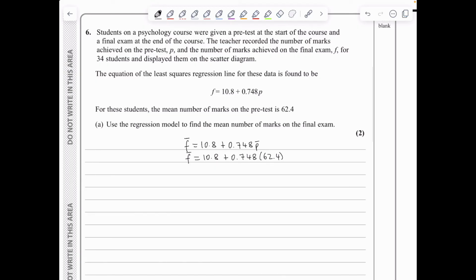So we get that f bar is 57.4752, which correct to 3 significant figures is 57.5.